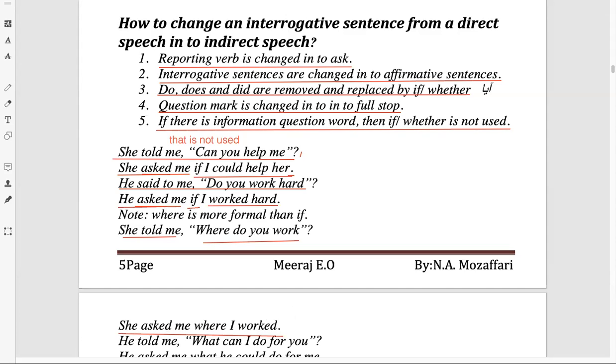Okay, so here's another example. She told me, what can I do for you? Can you guys change this sentence from interrogative to indirect speech? She told me, what can I do for you? You have 1 minute for that. Let's change it to indirect speech.